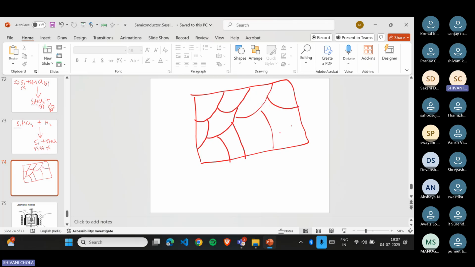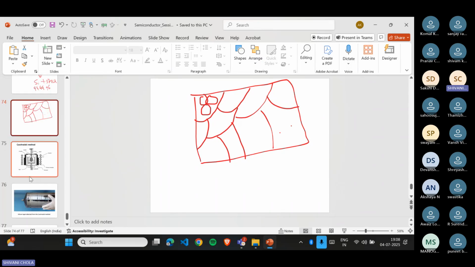So in each crystal, you have proper silicon bonding, like this. It's very proper. But since you have polycrystalline, there are many defects in the structure of silicon. So that's why we need the Czochralski method, to convert this polycrystalline silicon to monocrystalline silicon. And monocrystalline silicon will look like this.